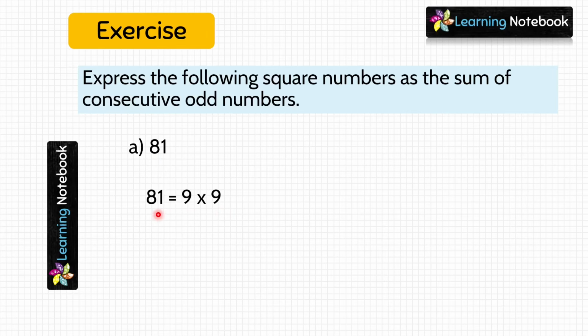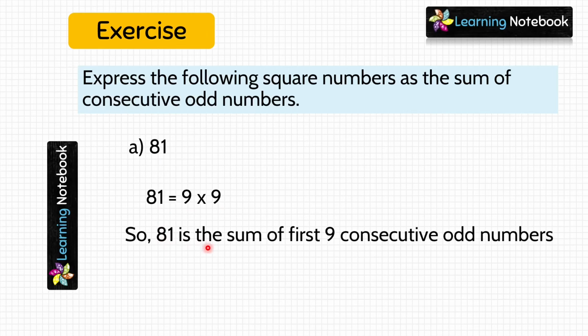So 81 is the sum of first 9 consecutive odd numbers. So let's write. So this is our answer. We have expressed 81 as the sum of consecutive odd numbers, where in this case it is first 9 consecutive odd numbers.